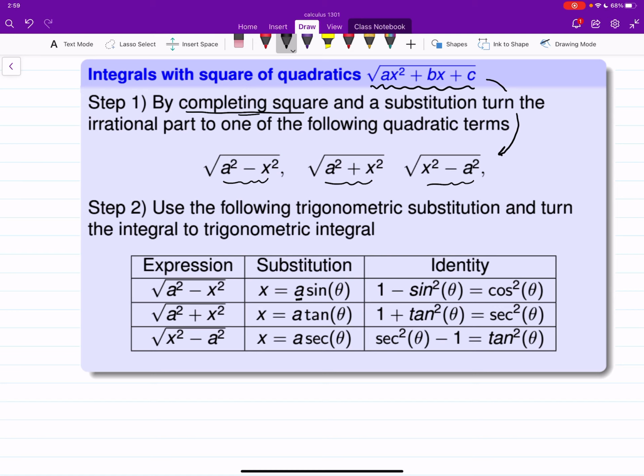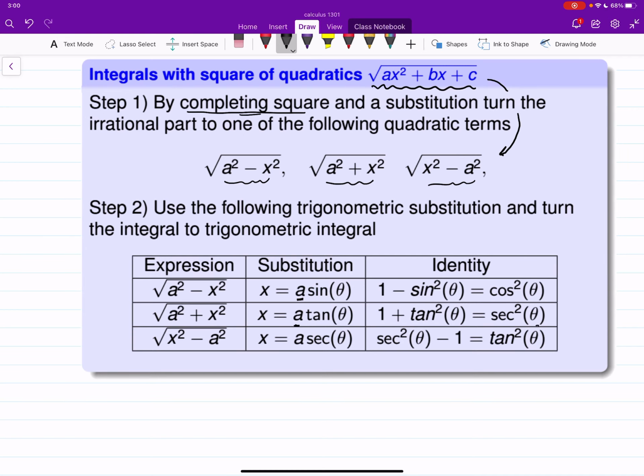Then you can use the identity 1 minus sine squared is cosine squared. If it is plus, you can use x equals a times tan theta, and then 1 plus tan squared theta will come out of the square root, and you can use the identity to get rid of the square root. And if it is x squared minus a squared, a times secant theta would do the job.